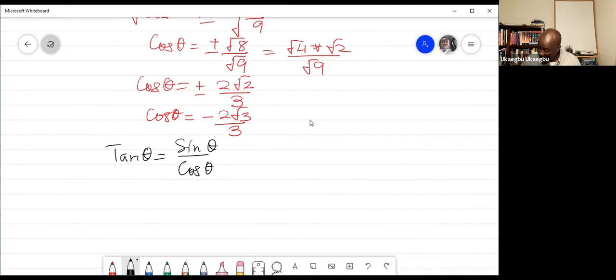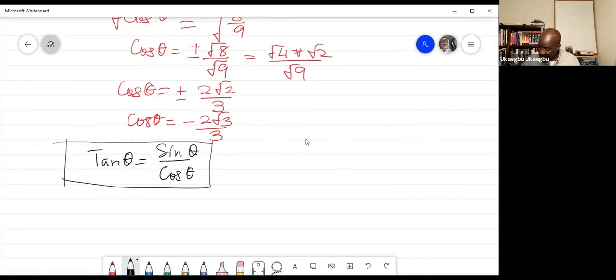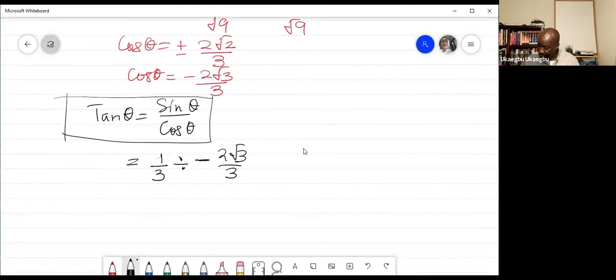I told you when we got this that this was the first trigonometric ratio that we derived. So this is a valid formula that you must use. Now they gave us sine theta to be 1 over 3, and then we are dividing it by cos theta, which is negative 2 square root of 2 over 3. So now this is negative here.